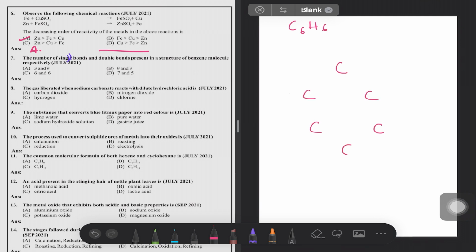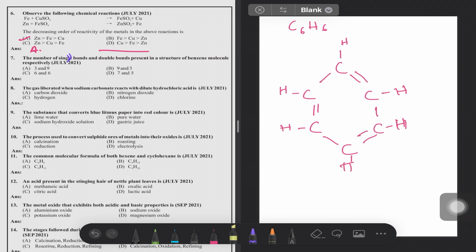We have 6 carbon atoms. We will have alternate single and double bonds: single bond, double bond, single, double, single and double bond. Now balancing the valency of carbon, already 3 are there, so 1 hydrogen on each carbon.